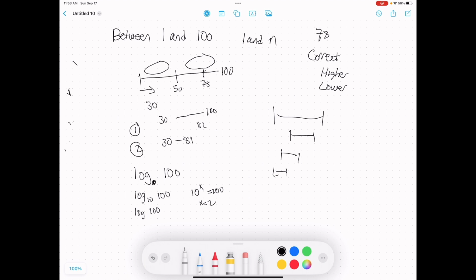Now, keep in mind that sometimes the log you're given isn't a perfect whole number for a power. Say, for instance, it's log of 99. Well, this answer is not going to be a whole number like 1 or 2, but it's going to be super close to 2. Okay, now that was log base 10. With this binary search that we just did, it's actually log base 2.